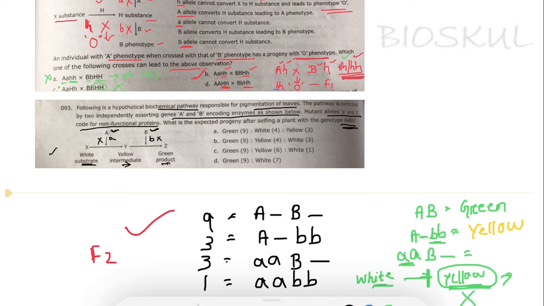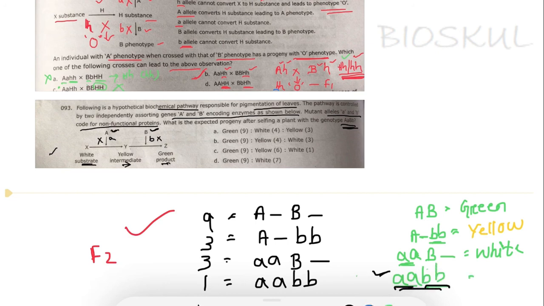If the yellow is absent, it cannot convert it. So there is no question of green product, right? So it will result in white color. And the last combination, small a small a, small b small b. Here both the alleles are mutated, so of course the end product will be white.